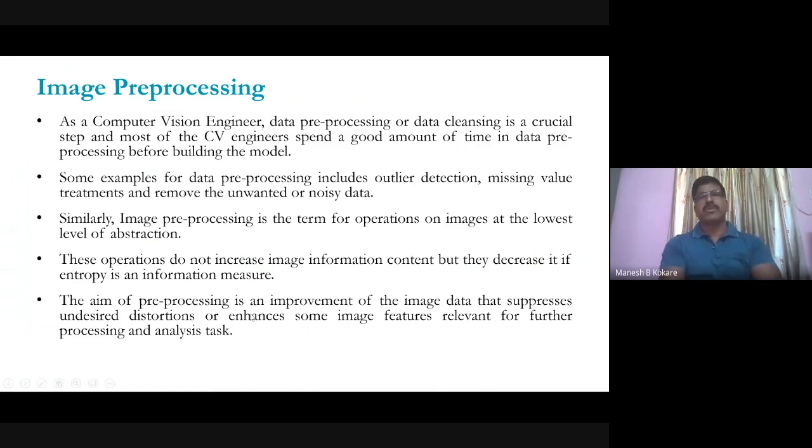The aim of pre-processing is an improvement of the image data that suppresses undesired distortion. We don't want undesired things because that may reduce the quality of the features extracted in mid-level computer vision. It may also enhance some image features relevant for further processing and analysis tasks. So pre-processing is a very important stage in low-level computer vision.